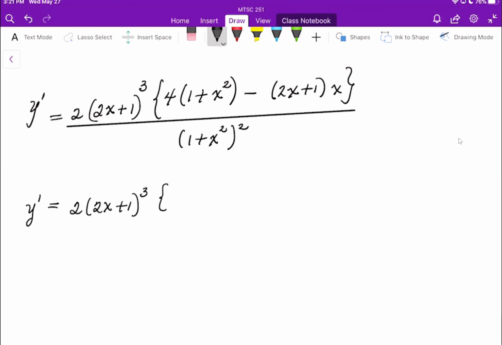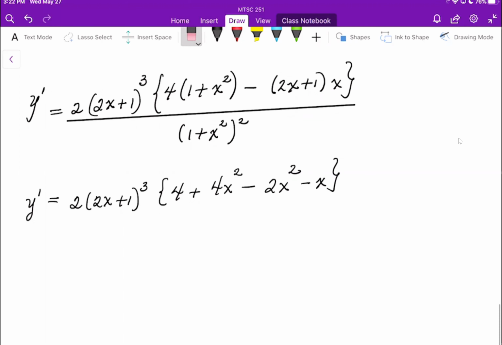So y prime is 2 times (2x + 1) cubed. And inside here, I'm going to get 4 + 4x squared. Then I'm going to subtract off 2x squared. And then I'm going to subtract off x. I have to distribute the negative over both terms, so they both will be negative, 2x squared minus x.